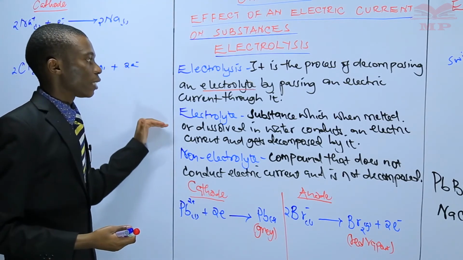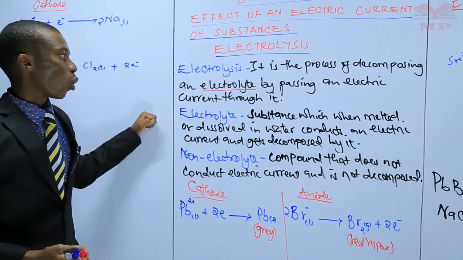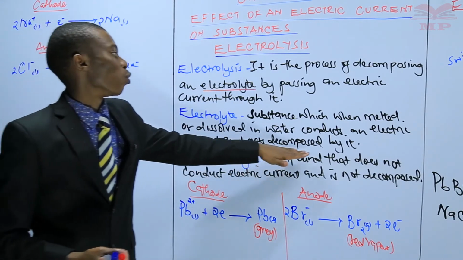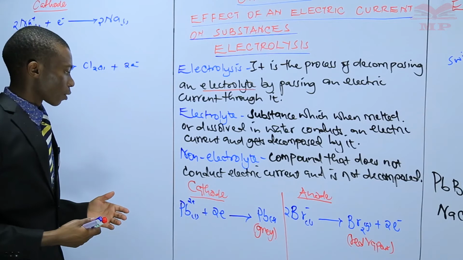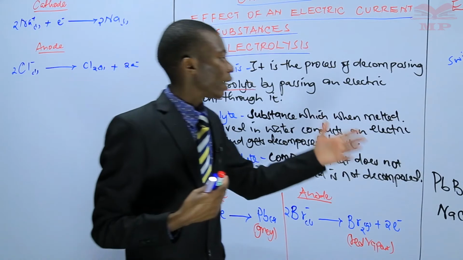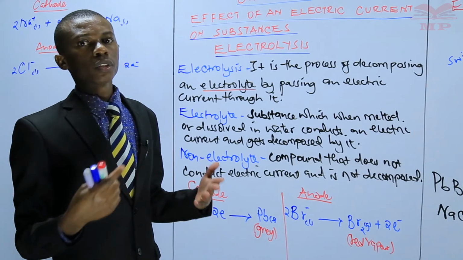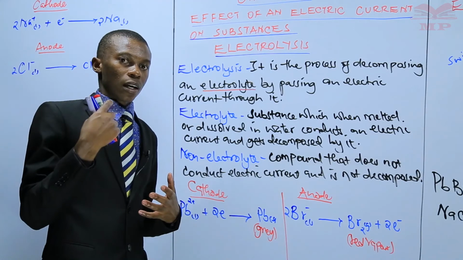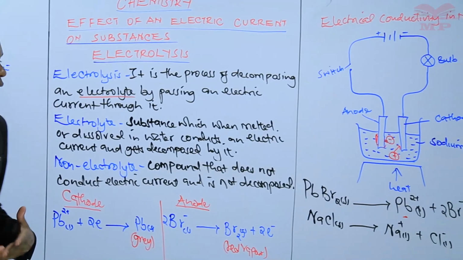Then the electrolyte, we have said, is a substance which, when melted or dissolved in water, conducts electric current and gets decomposed by it. Examples of electrolytes include molten lead bromide, molten lithium bromide, molten sodium chloride, molten magnesium sulfate, or aqueous copper(II) sulfate.